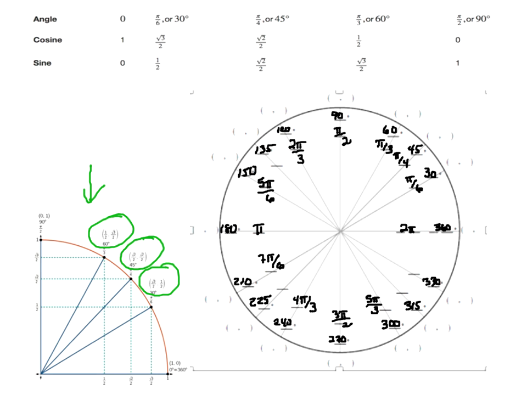I got to remember where I was. Another 30, 10 pi over 6. I'm at 300 degrees now. 10 pi over 6 is the same thing as 5 pi over 3. Another 30 is 11 pi over 6. And then another 30 takes me to 12 pi over 6, which is just 2 pi.